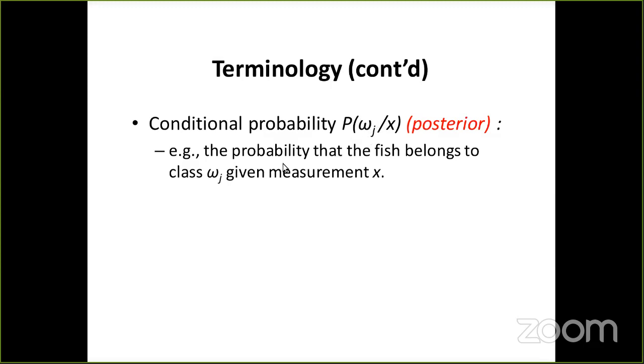We are treating this as a probability distribution rather than generating a single output. Say if we measure a light fish, we can say that maybe it's more likely to be in omega 1 rather than omega 2, and so we get a probability distribution.